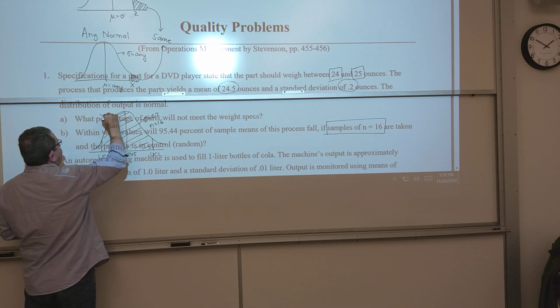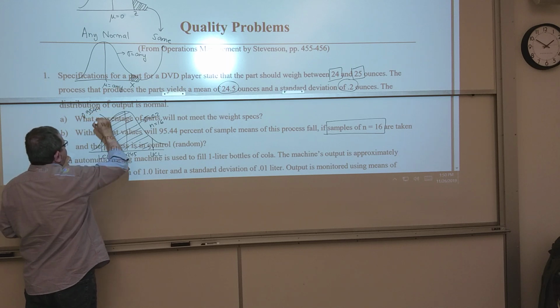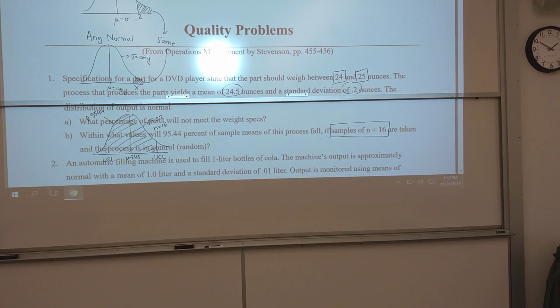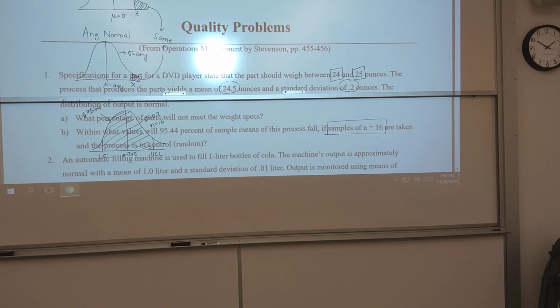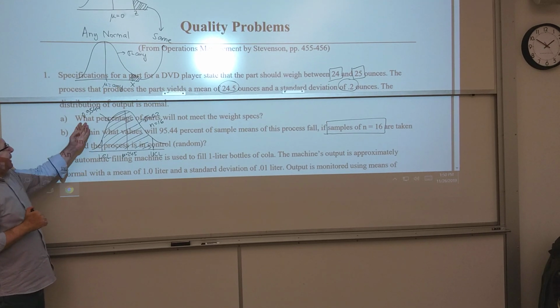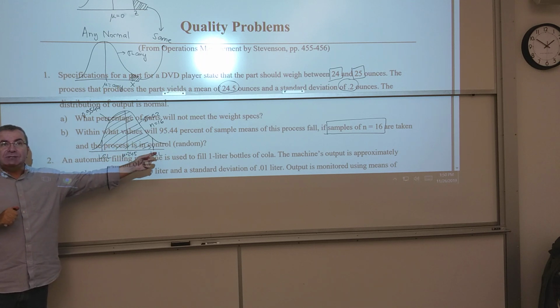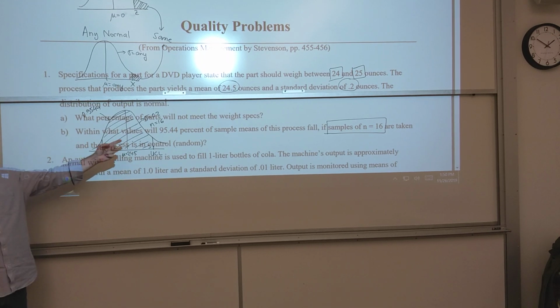So this shaded area will be 0.9544. If we know the so-called belly probability, can we find the tail probabilities?